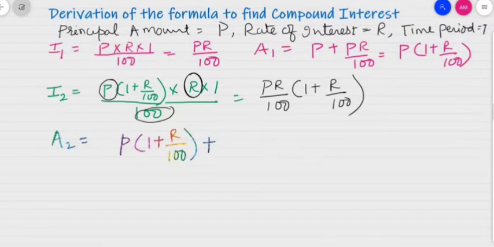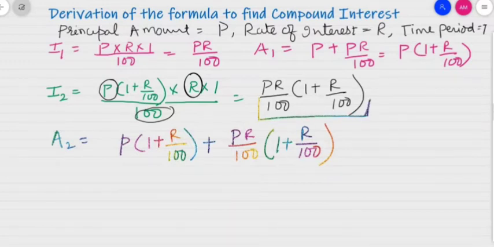Interest was PR by 100 into 1 plus R by 100, isn't it? See, this was the interest amount. And the principal amount after the first term was P into 1 plus R by 100. That we have taken here. This is the principal amount for the second year.